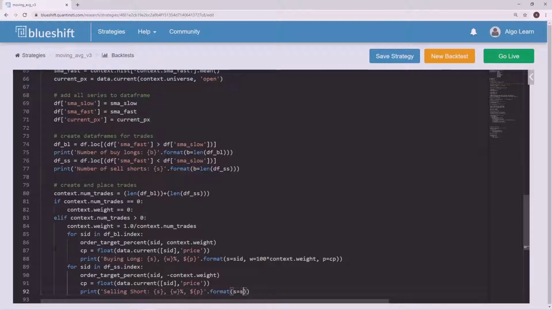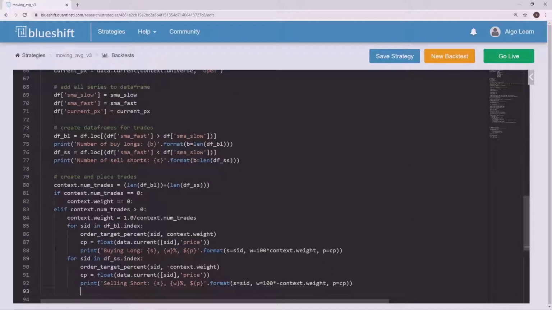Format: S equals SID, W equals 100 times negative context weight, and price equals current price. All right, I feel pretty good about that.